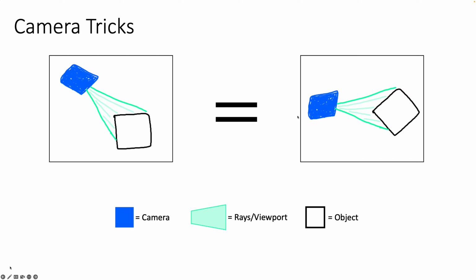There's one more thing we need to do before we actually get into the actual process of orthographic projection, which is what I'm going to be talking about today. So if we imagine this blue square as the camera, this black square as the object, and this is its rays, the viewport, the rays of light that go towards it.